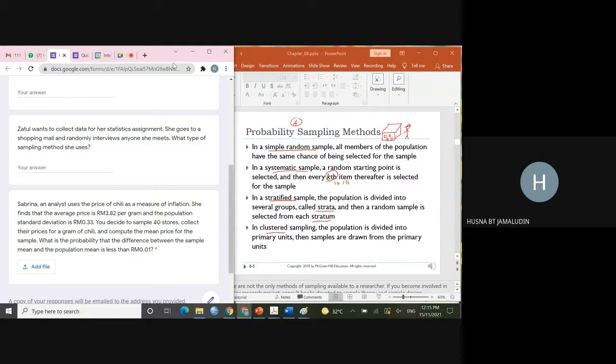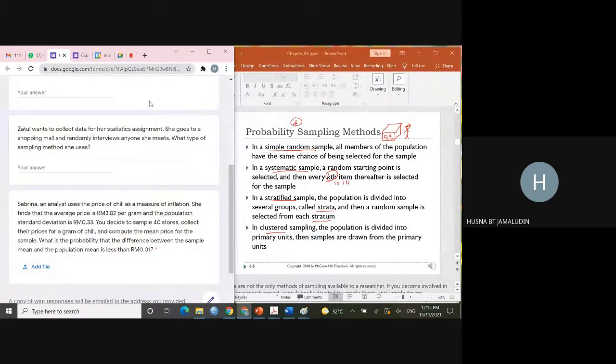They can just go anywhere, meet anyone and collect the data, and they call it convenience. They can also call it snowballing, where anyone can become your respondent. There are many names for their data collection, which are not recognized by our field because it will not give us a statistically significant result.